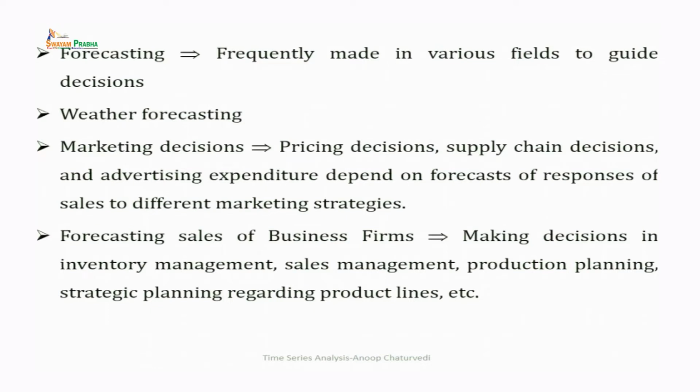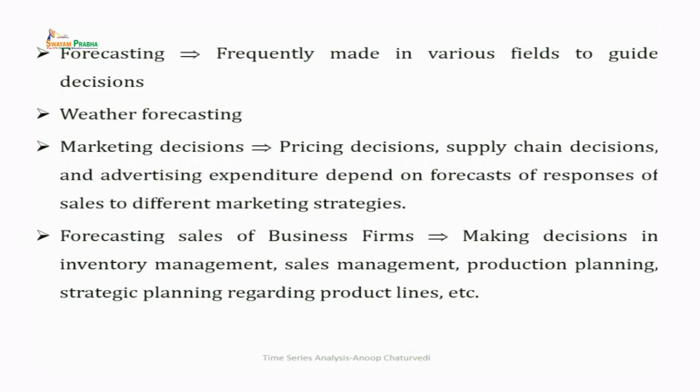Then forecasting sales of business firms. If you are able to forecast the sales of business firms, then it helps you in making decisions in inventory management. It also helps you in sales management, how to manage your sales, or production planning, and in which period you have to focus on more production and in which period you can reduce your production.